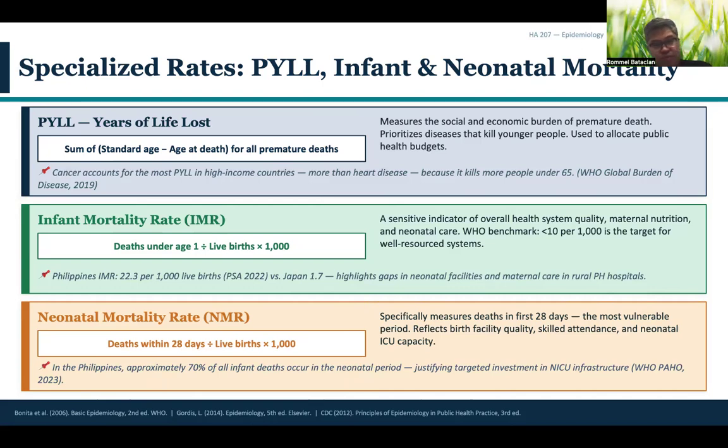It reflects birth facility quality, the presence of skilled birth attendants, and the neonatal intensive care unit capacity. In our country, approximately 70% of all infant deaths occur in the neonatal period. This justifies targeted investment in building up neonatal intensive care units, not just general pediatric wards, but specifically neonatal intensive care.